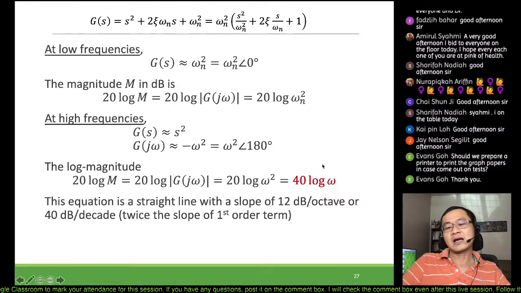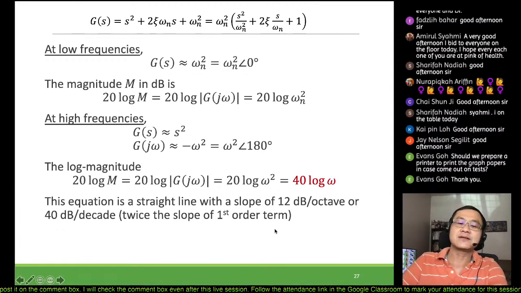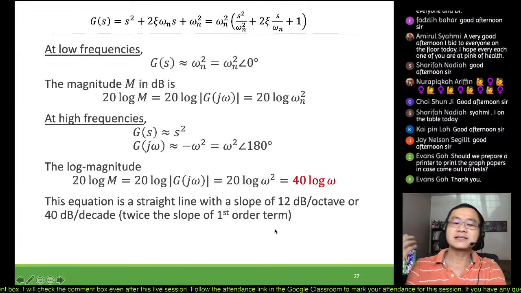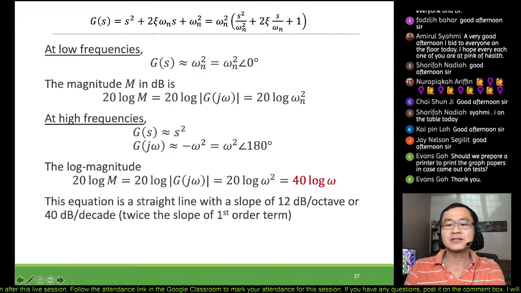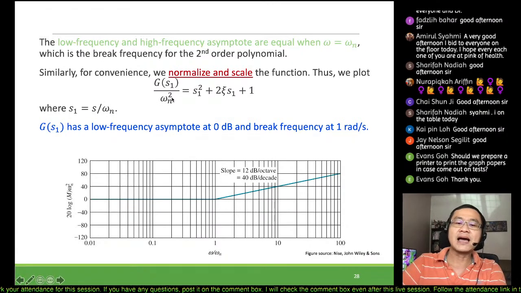When this becomes 40, meaning the slope will now be, instead of 20, 40 dB per decade. So it's twice the slope of the first order terms. Again, we can normalize them by dividing by omega n squared.